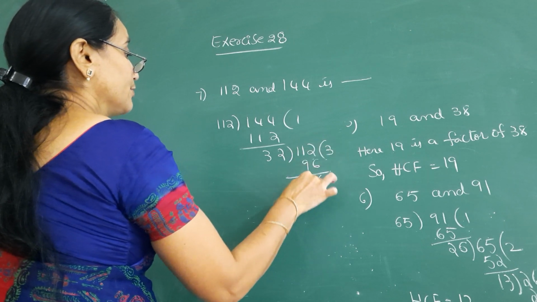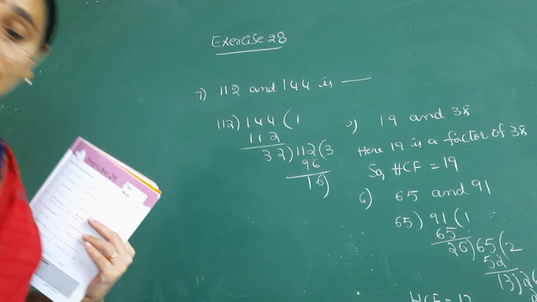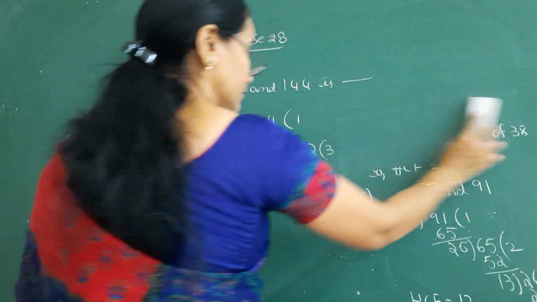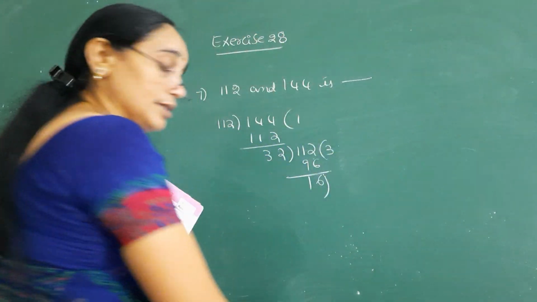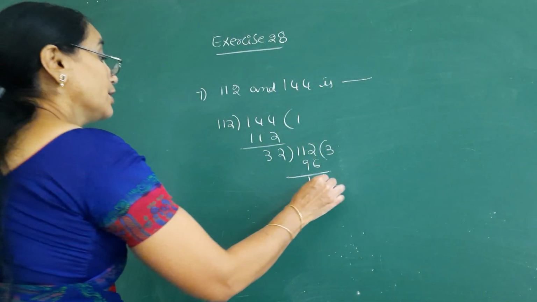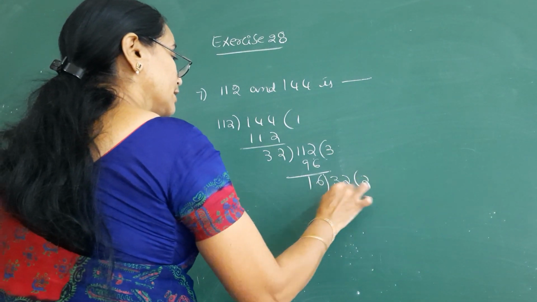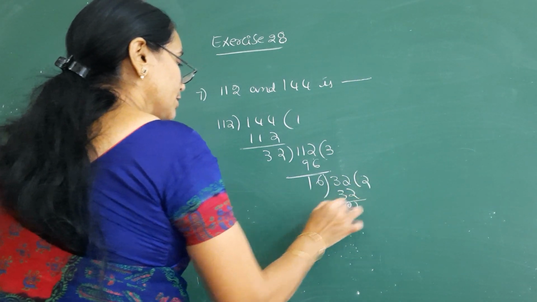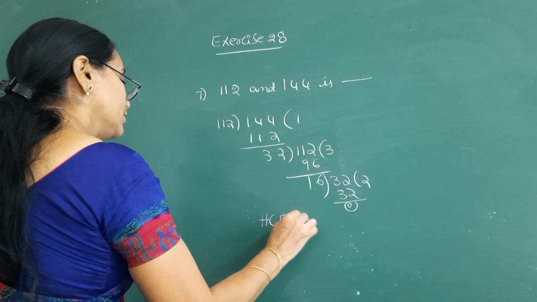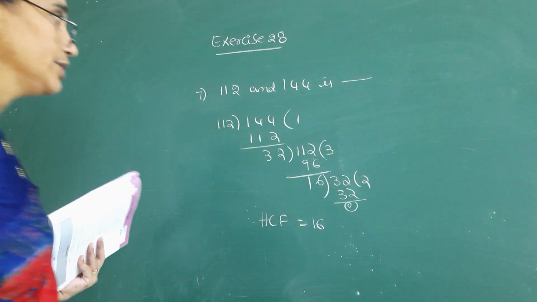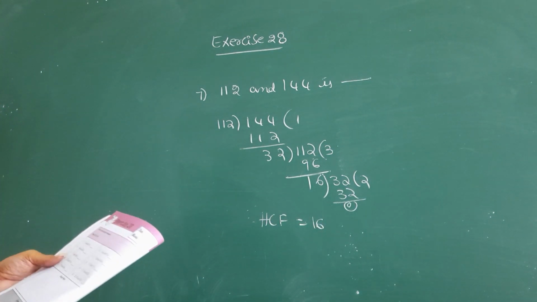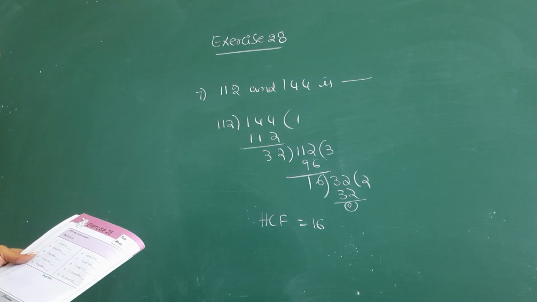Drop 32 now. So 32 you have to drop. 16 twos are 32, so remainder is 0. So HCF is equal to 16. So the HCF of 112 and 144 is 16.